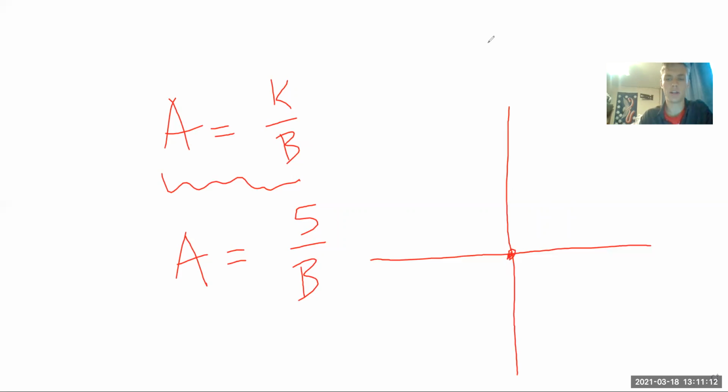As B is 1, then A is 5. As B is 2, A is 2/5. As B is 3, A is 3/5. As B is 5, A is 1. And so you're going to have something that looks like this. It's actually a curve. It'll get really small, really close to 0, but we'll never get there. So that's what inverse is.